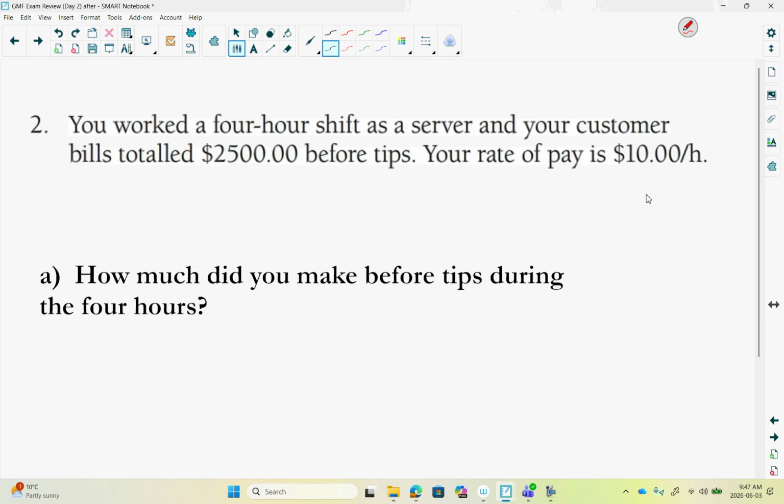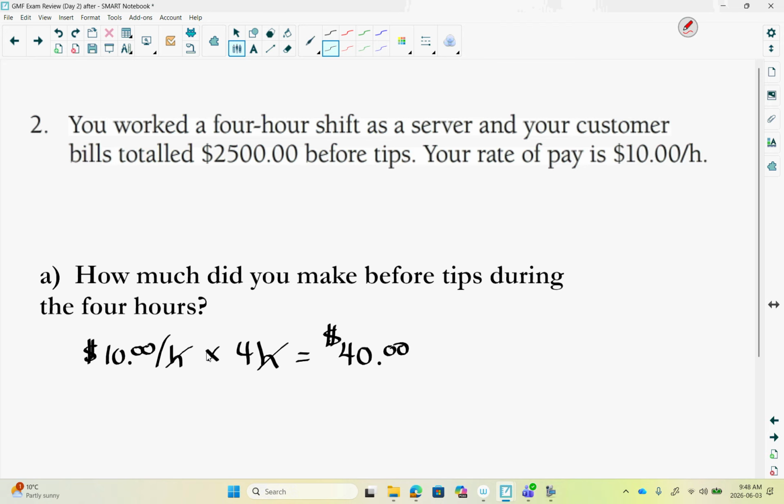How would you figure that out? 10 times 4. So you're going to go $10 an hour times 4 hours worked. We end up with $40.